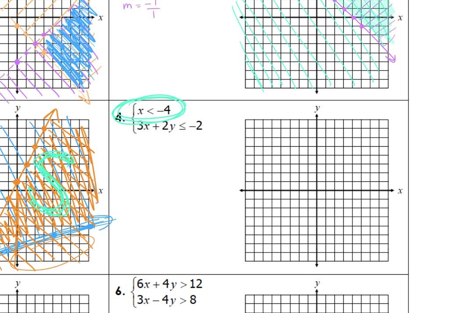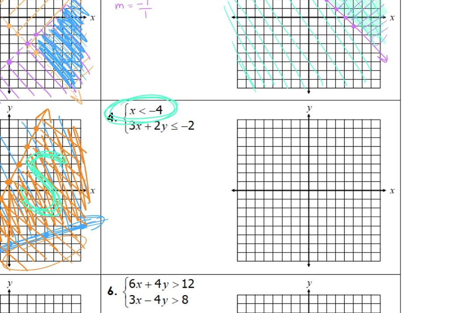Whenever it's an x by itself, think of where is x always -4? -4, 0, -4, 1, -4, 2, -4, 3. Every one of those points I just plotted has an x value of -4. So x is always going to be, maybe you want to write this down in your notes, a vertical line when it's x. Okay?